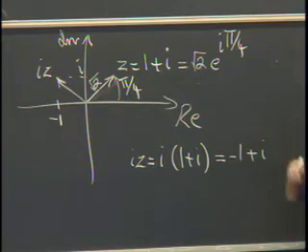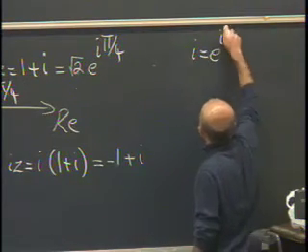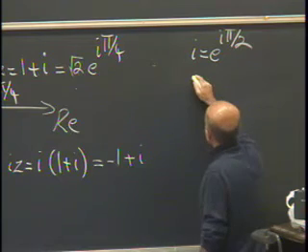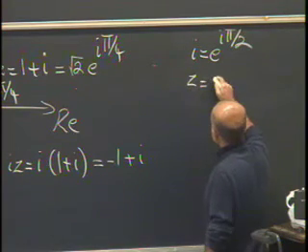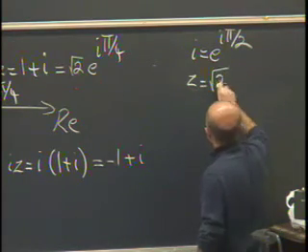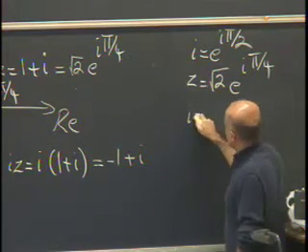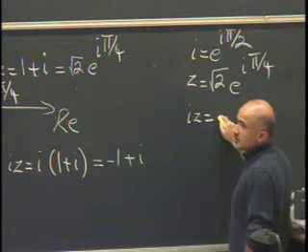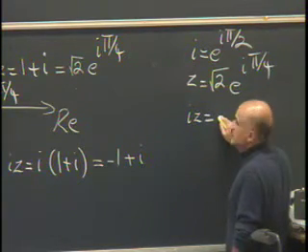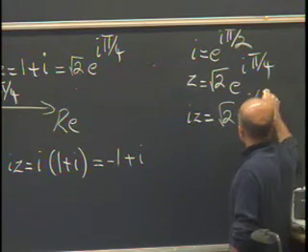Now, the other method you were using was by saying I is equal to what? E to the I pi over 2. And Z is, in general, well, let's keep it specific to our number here, times that. So Iz is what? Give it to me in polar form. Square root of 2, e to the I pi over 2.